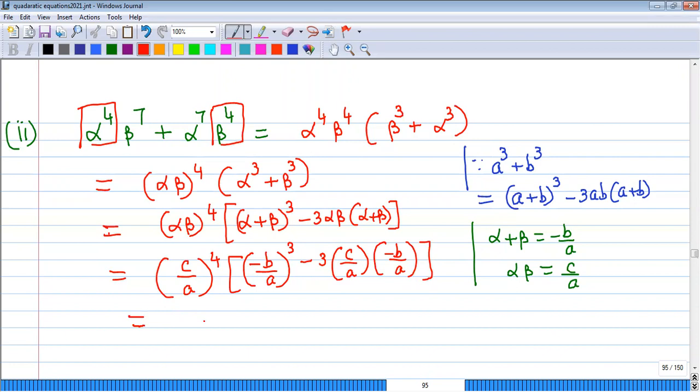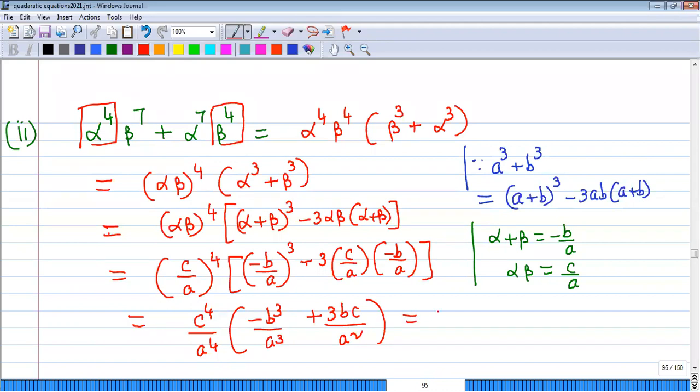So this is c raised to 4 upon a raised to 4. This will be minus b cube by a cube. Because negative is raised to the odd number, you will be getting negative sign. But here you will be getting negative into negative positive 3bc upon a square.